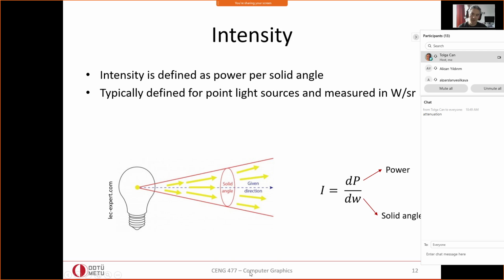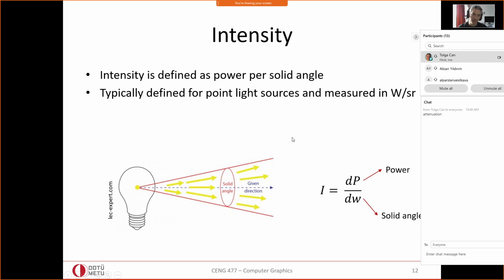When the light source is not omnidirectional, as we will assume a point light source in our scenes, which emits light in all 360 degrees around itself, in reality, in a solid angle, for example, the light rays disperse. Therefore, the amount of light given here is the derivative of the power with respect to the solid angle.